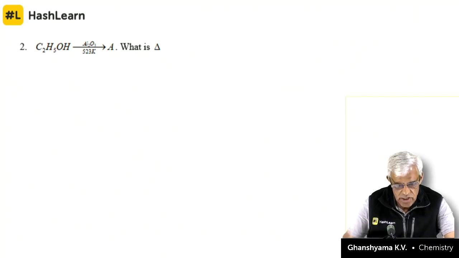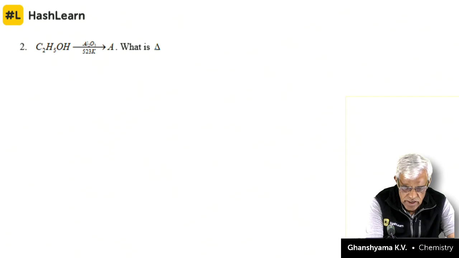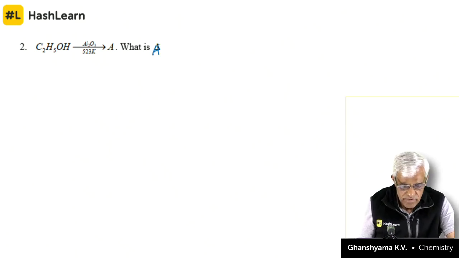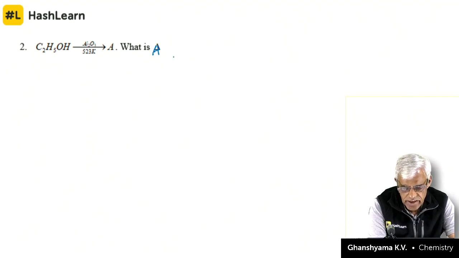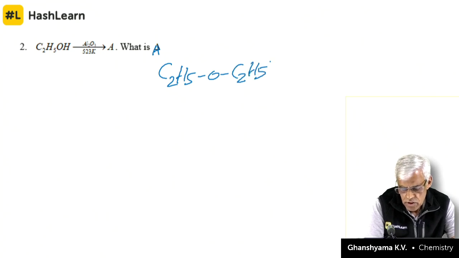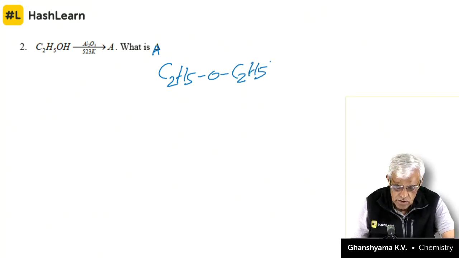It will give A. What is A? Okay, so it is ethoxyethane. If the temperature is still higher, you get ethene.